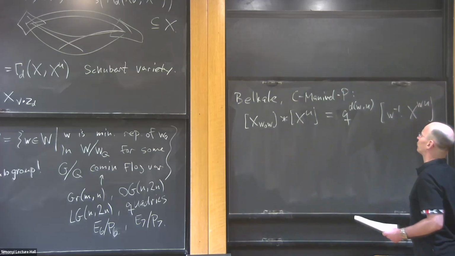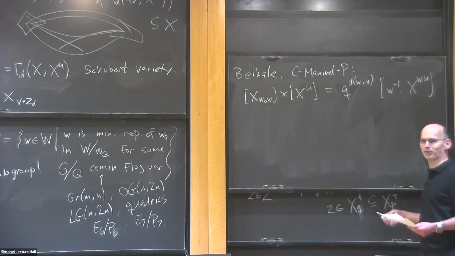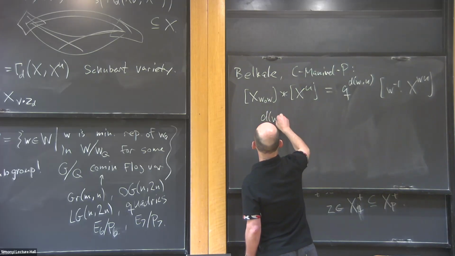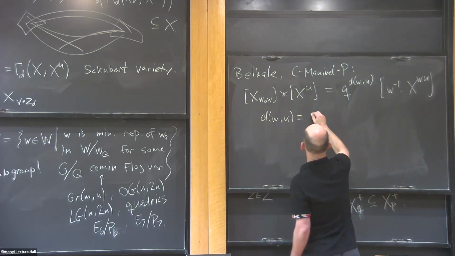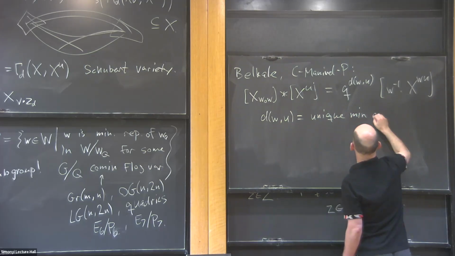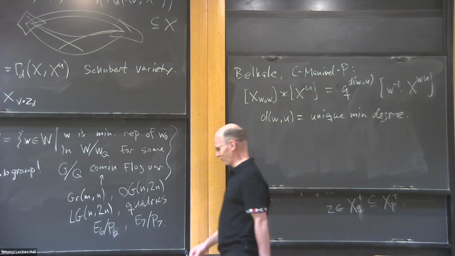The degree is also explicitly determined. You can do it with weight gymnastics, or you can say this degree is the unique minimal degree. There's always such a unique degree.